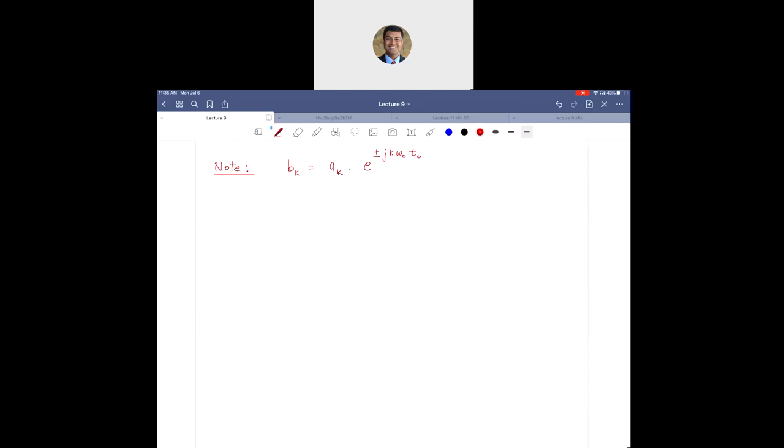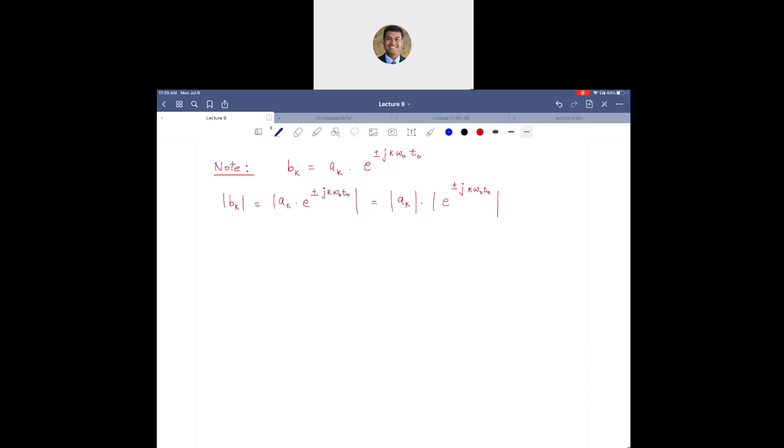Now what about the magnitude? If I find the magnitude of b sub k, I get the magnitude of a sub k multiplied by e to the plus or minus jk omega naught t naught, which is going to be the magnitude of a sub k multiplied by the magnitude of e to the plus or minus jk omega naught t naught.